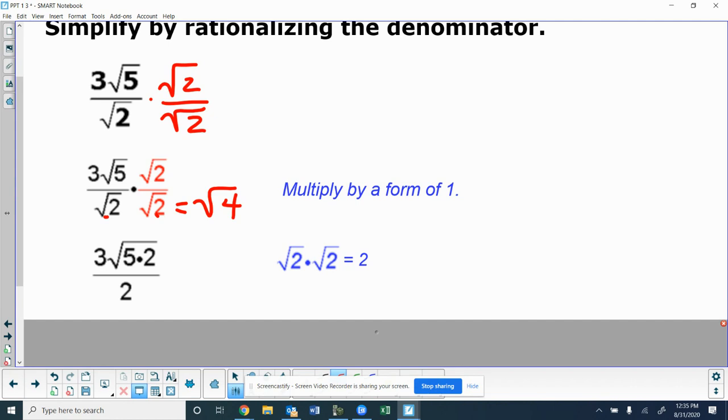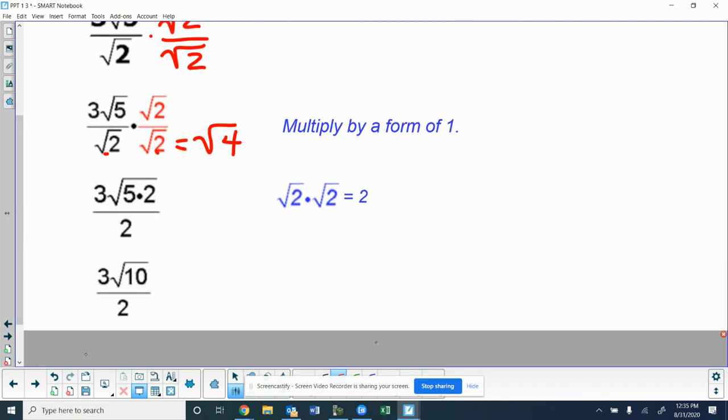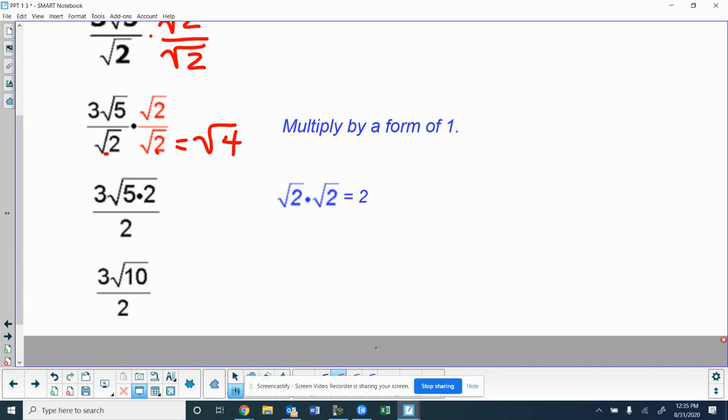And 5 times 2 is 10. So that'd be 3 radical 10 over 2 when you rationalize the denominator. It's okay now. It's okay to have radicals in the numerator. It's not okay to have radicals in the bottom, the denominator. So we rationalize to fix it up, simplify it. Okay?